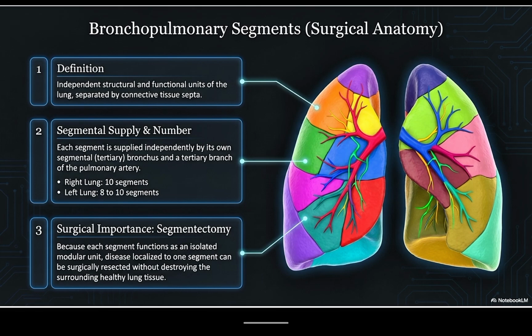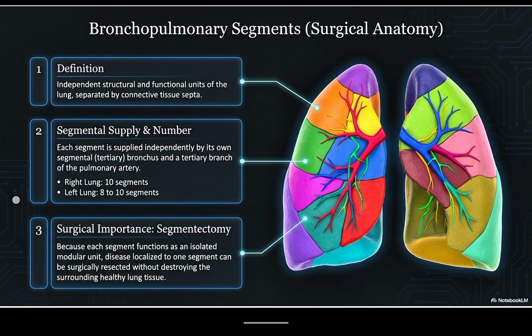Let's talk about the bronchopulmonary segments. When you hear the word bronchopulmonary segments, what comes to your mind? Bronchopulmonary segments are just the subdivisions of the lobes. Remember, the lung has lobes, and these lobes are subdivided.